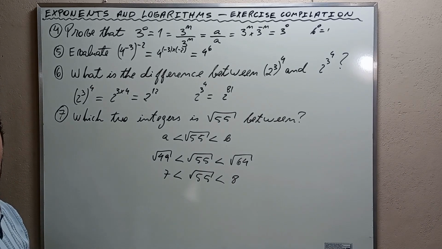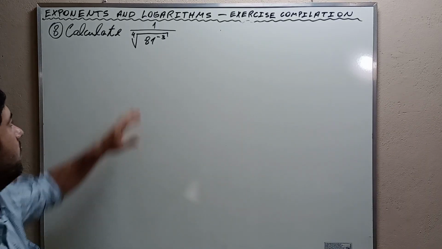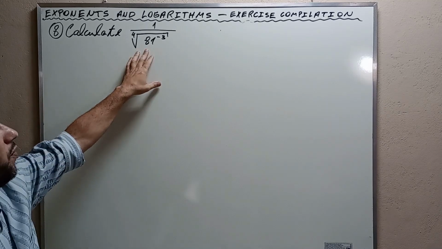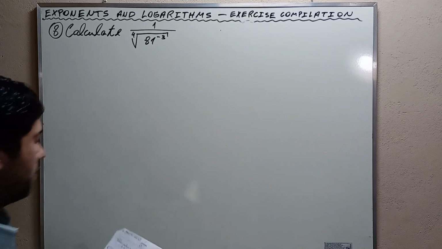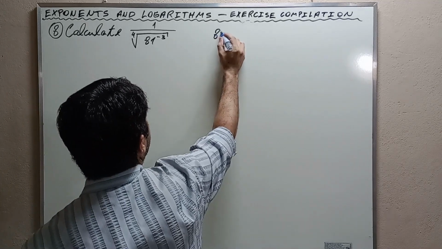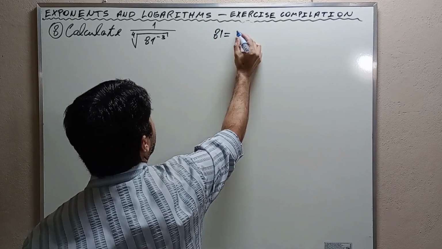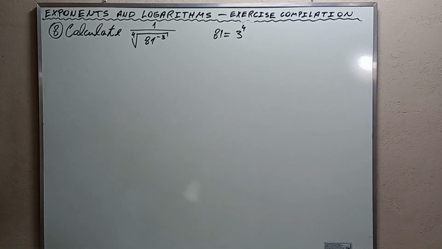Let's go to exercise 8. Exercise number 8, calculate this. And to solve, firstly, we have to understand that 81 is equal to 3 to the 4th. Then we are going to substitute 81 by 3 to the 4th.